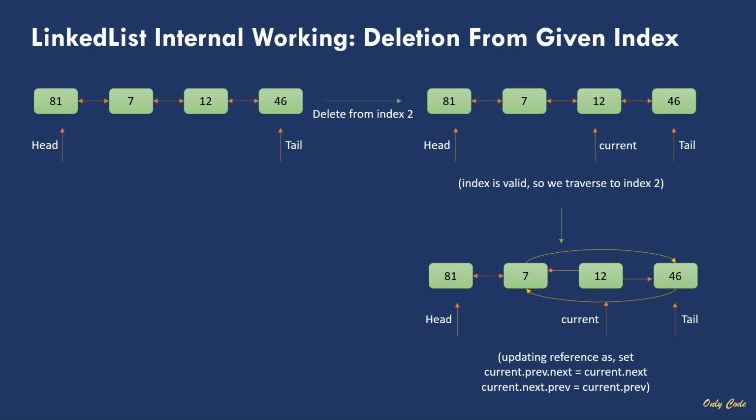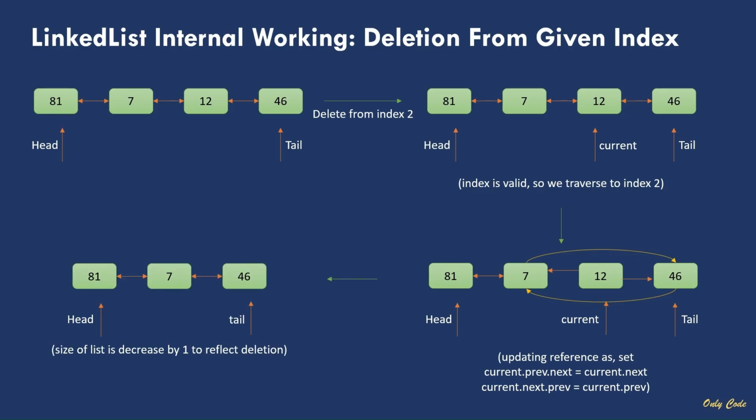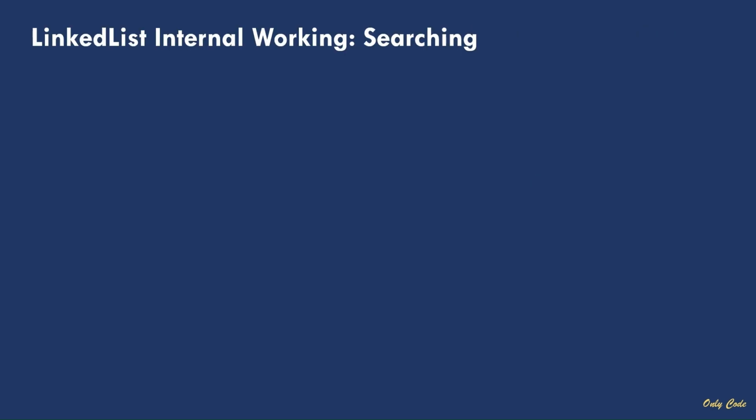This effectively bypasses the current node, removing it from the list. Finally, we decrement the size of the list by 1 to reflect the deletion. The time complexity of this operation is O(n), where n is the number of nodes traversed to reach the target index.